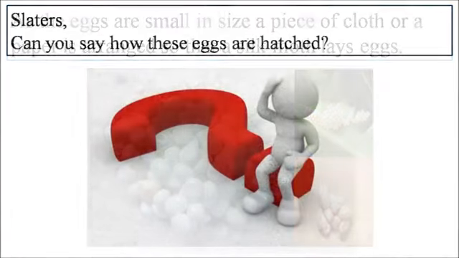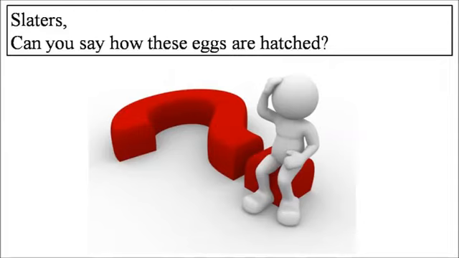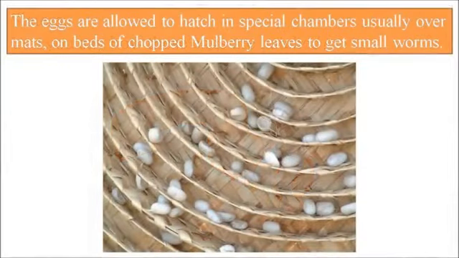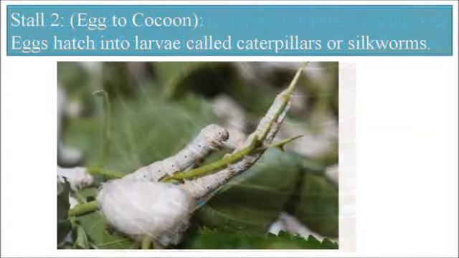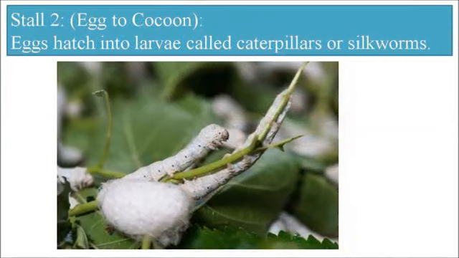Slaters, can you say how these eggs are hatched? The eggs are allowed to hatch in special chambers, usually over mats on beds of chopped mulberry leaves to get small worms.